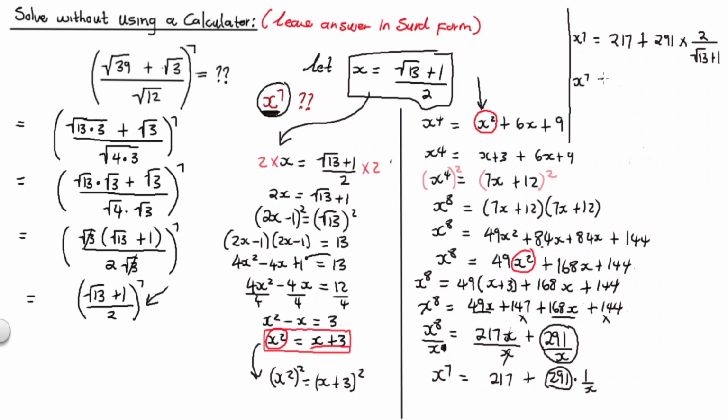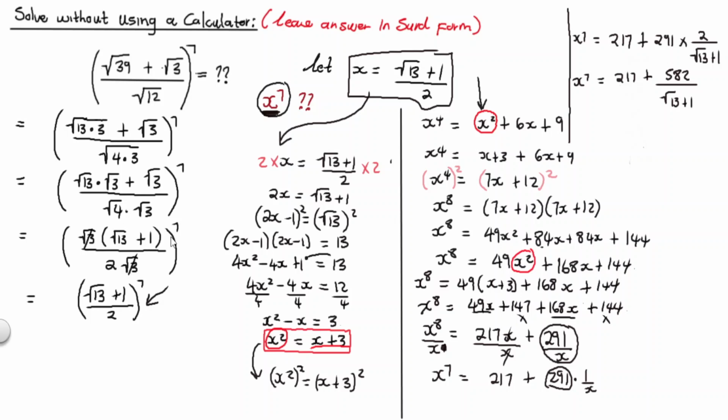X raised to exponent 7 is equal to 217 plus 291 times 2, that should be 582 divided by the square root of 13 plus 1. Okay, we are not done. We still need to rationalize the denominator and work out the right hand side to be one complete fraction.